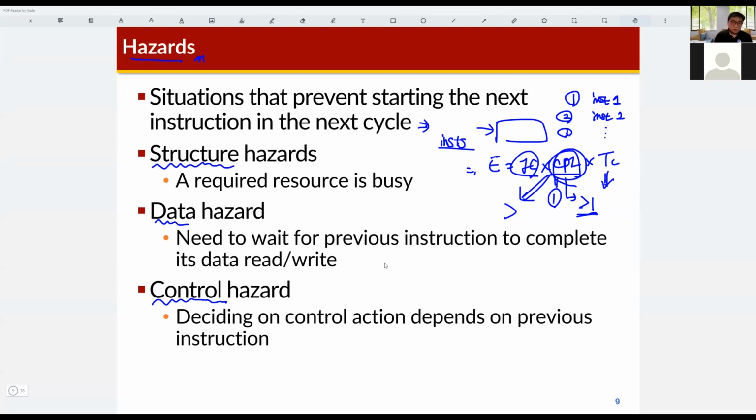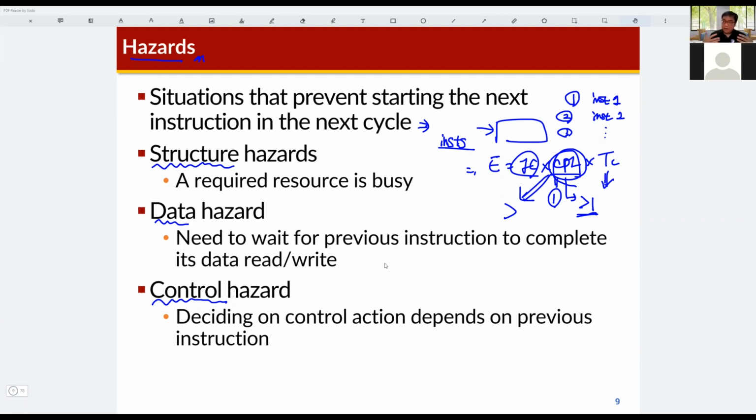So what is the source of the structure hazard? What is the reason of structure hazard? That is a required resource. A required resource is busy. So we learned about the data path elements, and the data path element processes certain steps of execution.